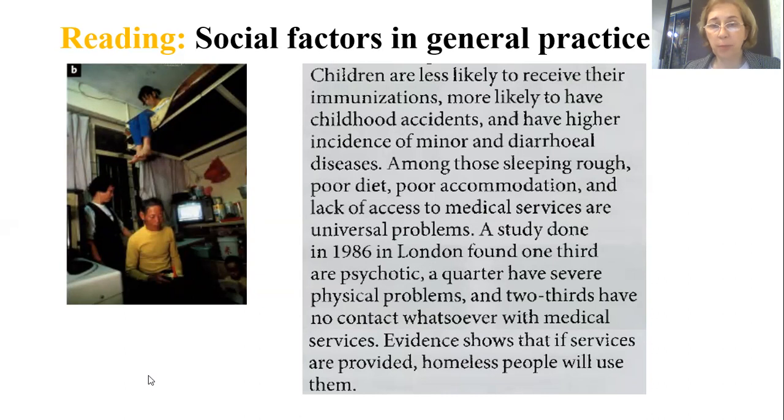There is no access to medical services. And as you see, the study, which was done in 1986, shows that 1/3 of those children are psychotic, they have some psychological problems. Then 1/4 of them have physical problems. And they do not have access to medical services.